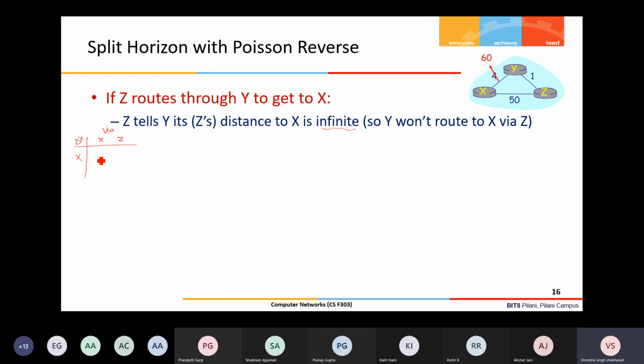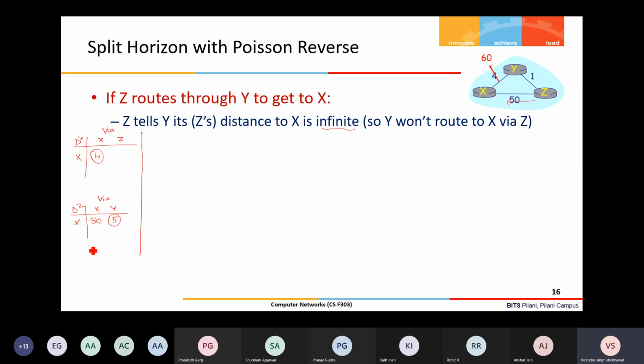For destination X, before that, 4 was the minimum cost, the direct cost to X. Now let me first take Z's table and write the via-Y cost to X. In Z's table, the direct cost from Z to X is 50, and via Y the cost is 5, because Y is telling that it can take you to X at cost 5.